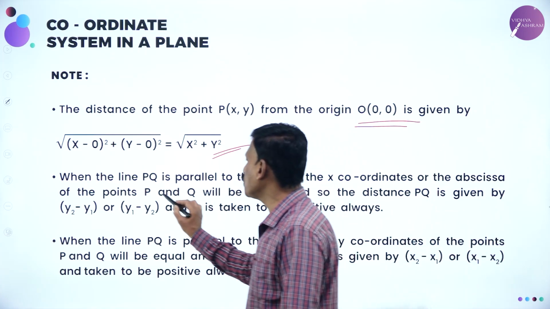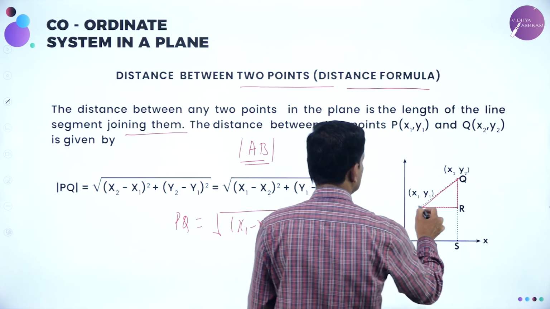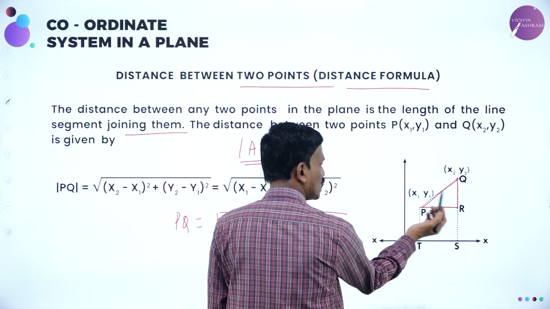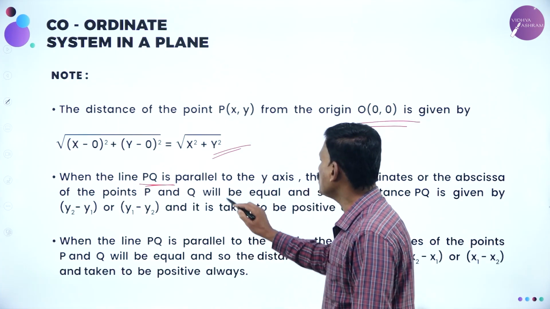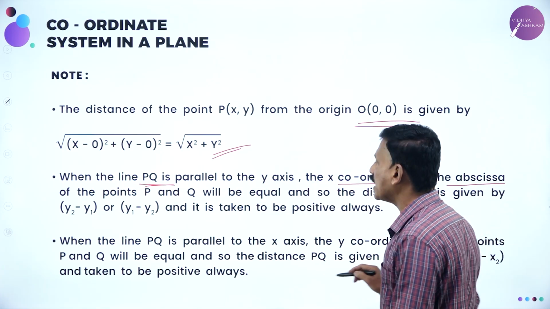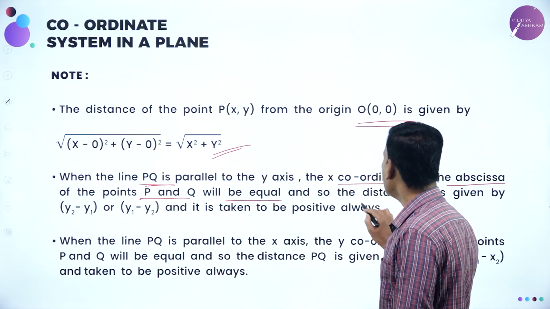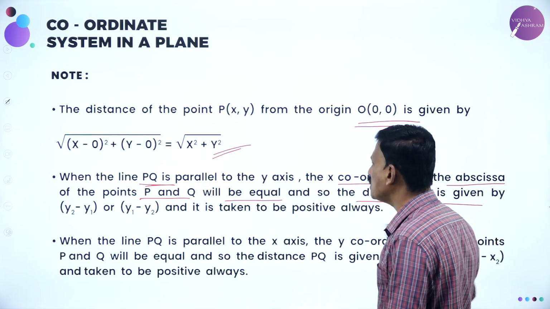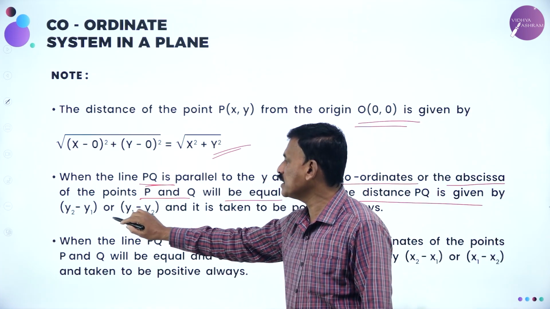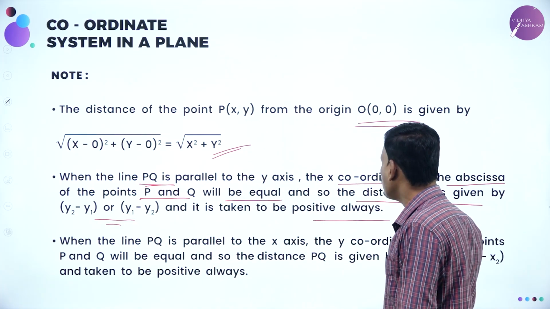Suppose the line PQ is parallel to the y-axis, then the x-coordinates of the points P and Q will be equal, and so the distance PQ is given by y2 minus y1 or y1 minus y2, and it is always taken to be positive.